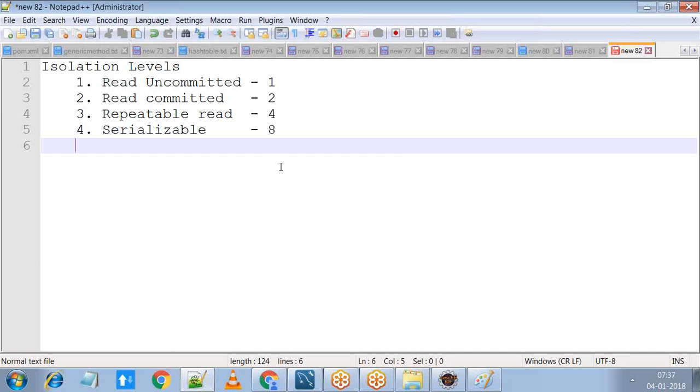What happens if you set the isolation level to serializable?